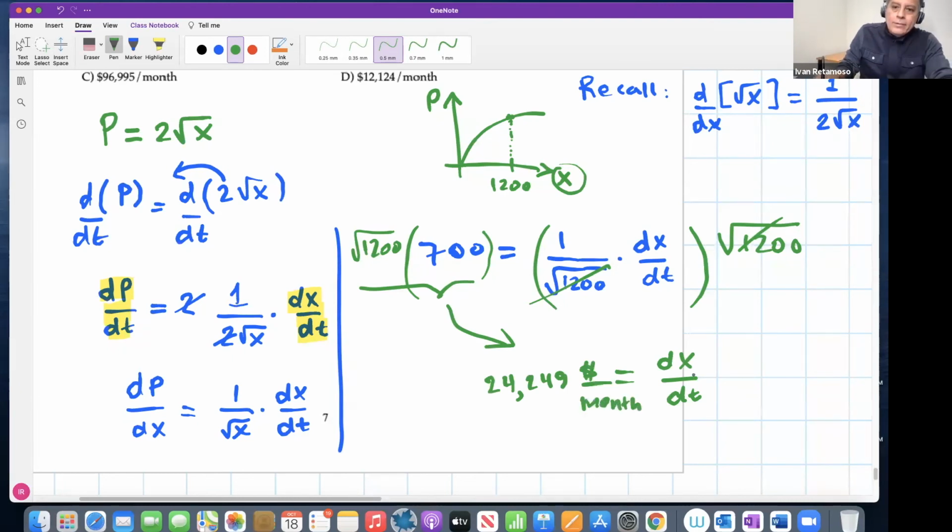This is the variation on the production level that corresponds to a variation on the profit of $700, right? In order to get an increase of your profit of $700, you must increase your level of production by 24,249 per month, right?